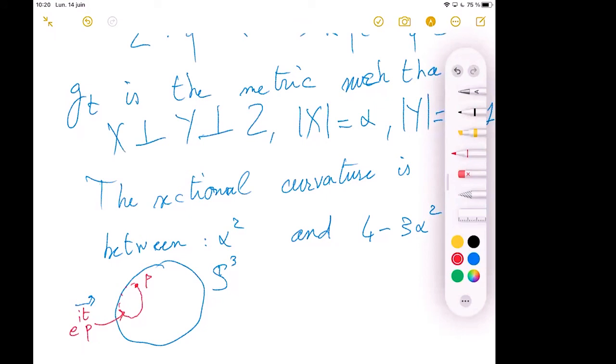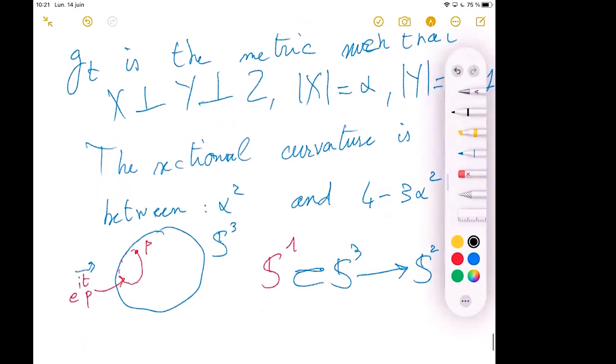And so we have S1 in red here, fibering; we include the fiber in S3, and it projects to S2, and we can actually write the projection using the quaternions, and this is given by q maps to 1/2 of q bar i q. So it goes to a sphere of radius 1/2.